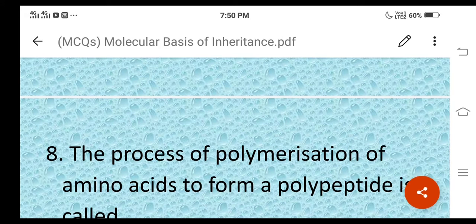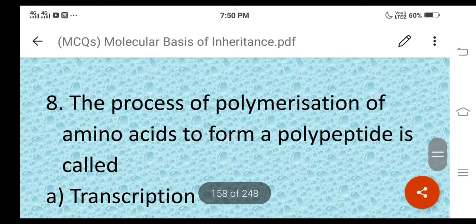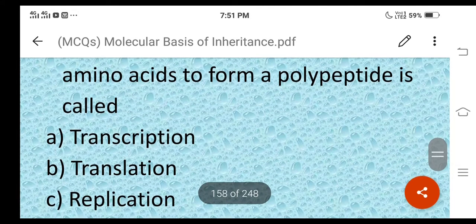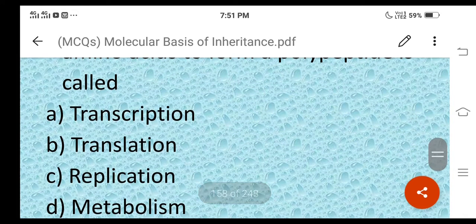Question number 8. What is the question here? The process of polymerization of amino acids to form a polypeptide is called. What are the different options here? Transcription, translation, then replication, then metabolism.